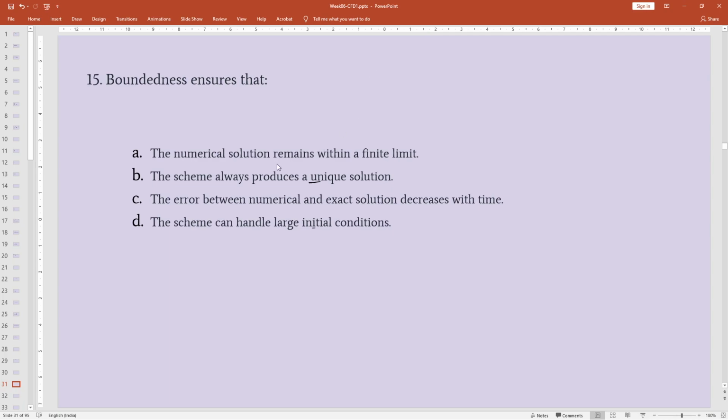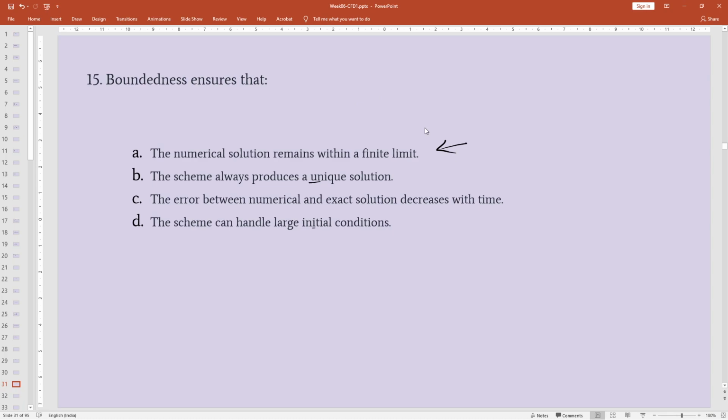Boundedness defines that the solution should remain within a finite limit.